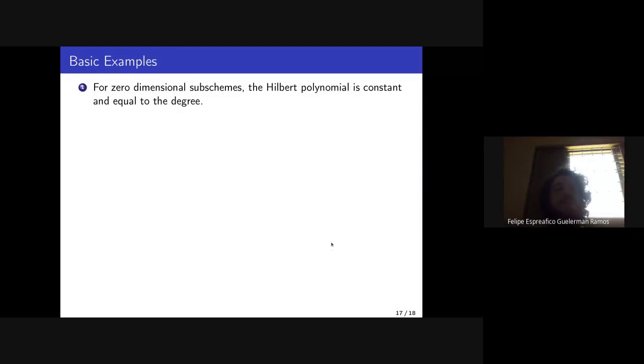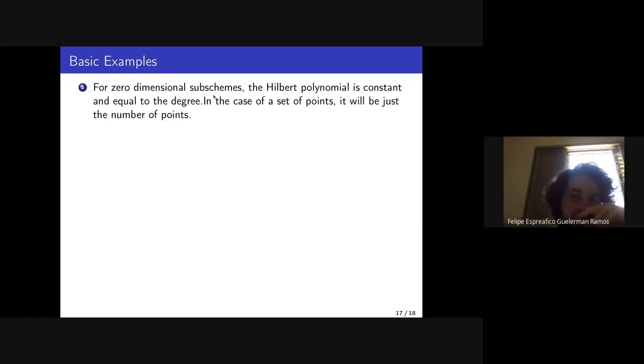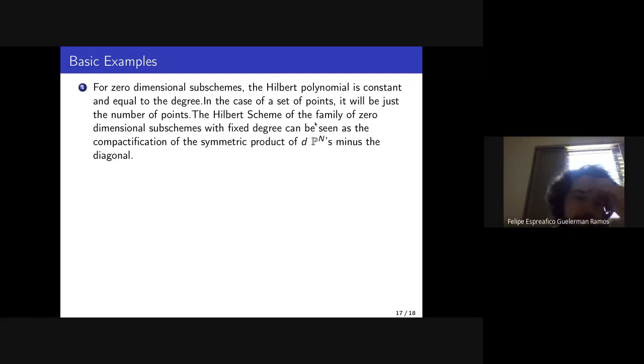And some examples: for zero-dimensional subschemes, the Hilbert polynomial will be constant and equal to the degree of the zero-dimensional scheme. So for varieties, this is just the number of points we are considering in our projective space, like what I did here. And the Hilbert scheme of this family, of course, we fix a degree, because we are fixing the Hilbert polynomial.